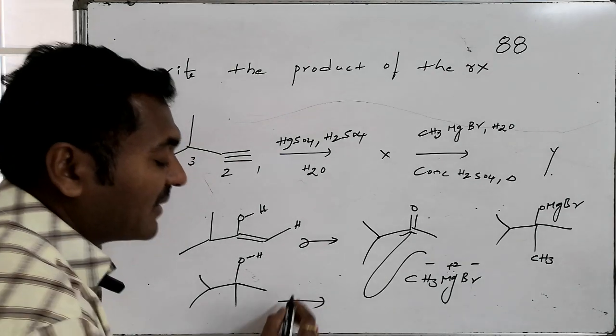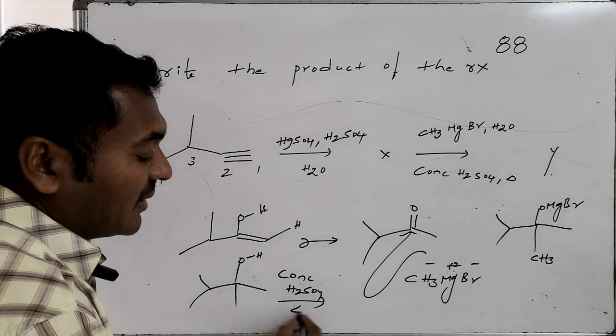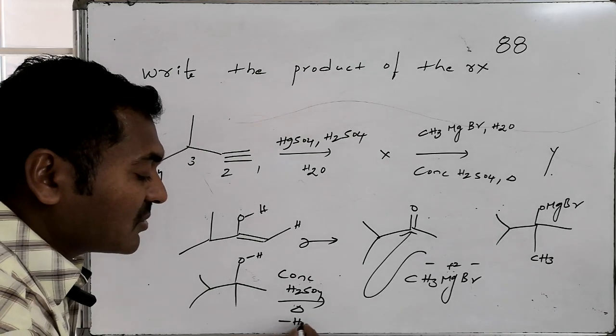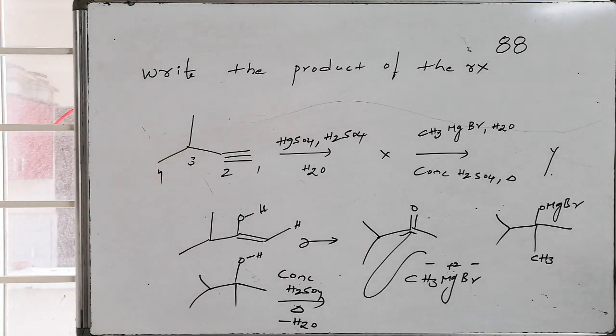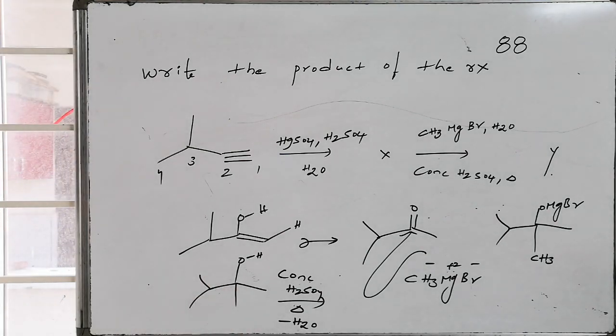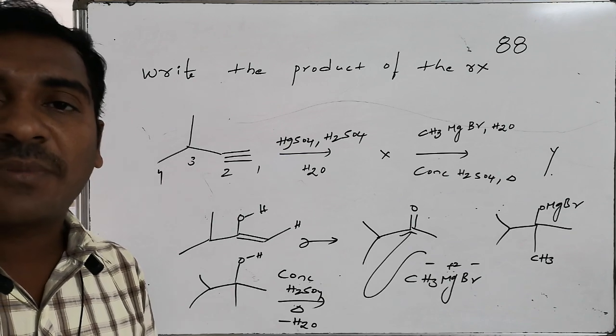For this we are applying concentrated sulfuric acid, so heating conditions. Concentrated sulfuric acid is a dehydrating agent. Dehydration is elimination of water. Generally this elimination of water occurs in such a way that it results in the formation of a more substituted compound. A more substituted compound is relatively more stable.